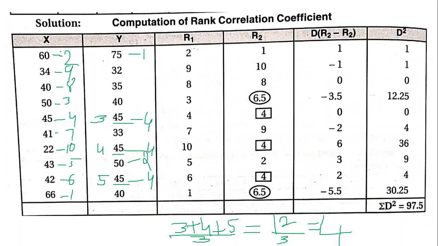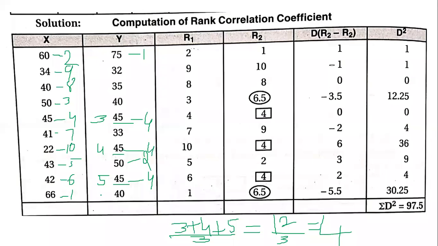Okay. Now 3, 4, 5 position is over. Now let us go to the next number. After 45, we have 40. Is 40 repeated? Yes. How many times? 2 times.